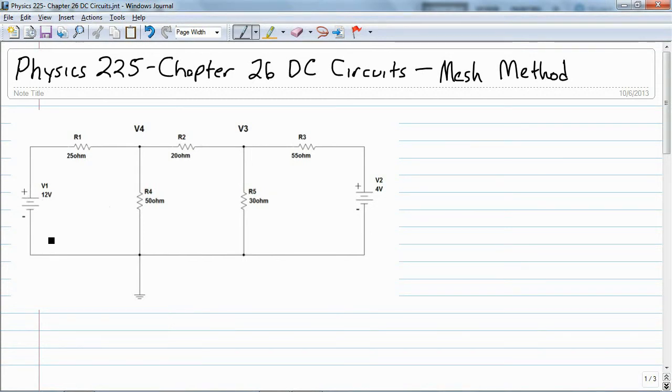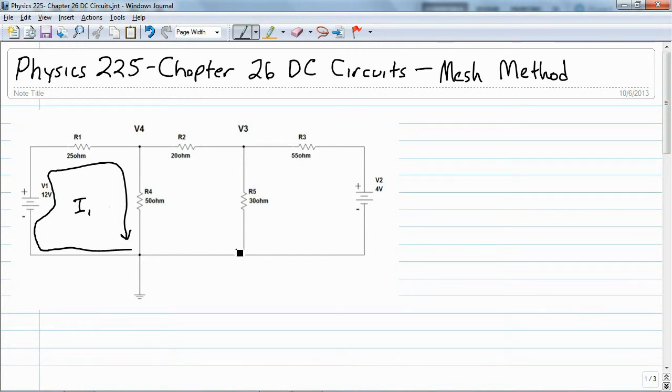The idea behind the mesh method is you have what are called loop currents. Now these really don't exist. It's a theoretical construct that lets us simplify some things. So our first loop current, we're going to say, goes around this loop here, and we'll call that loop current I1.